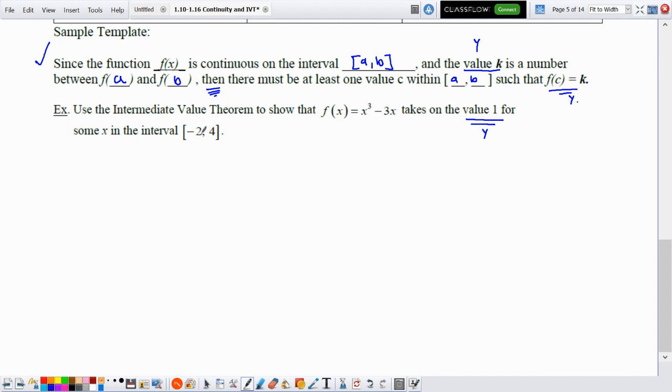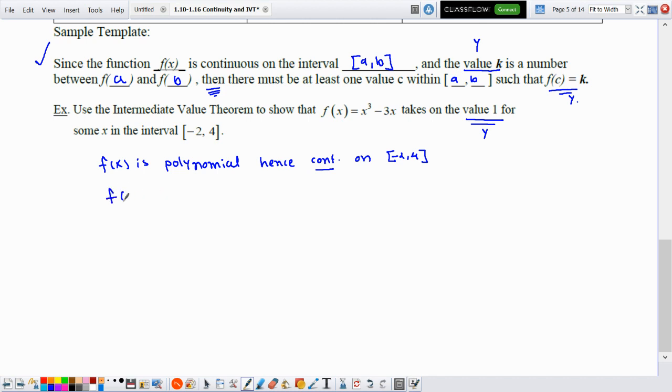The interval is negative 2 and 4. We know that f of x is a polynomial. You don't have to use the three-part definition of continuity to prove that this polynomial is continuous. Hence, continuous on the interval negative 2 and 4. So we got the continuous part.